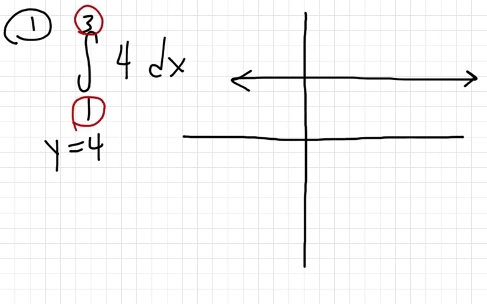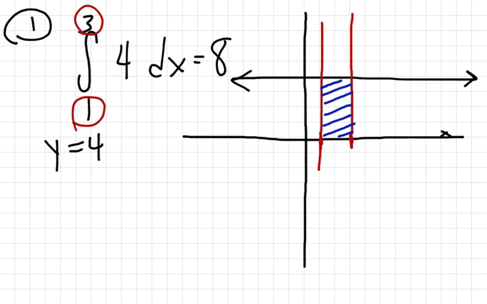These are x values, so from x equals 1 to x equals 3, so it's as if I draw vertical lines, and I'm finding the area bounded by our function, these x values 1 and 3, and the x-axis. So we just use an area formula from geometry to calculate this. This would be a rectangle with a width of 2 and a height of 4, and 2 times 4 would equal 8. So the answer for that integral problem is 8.